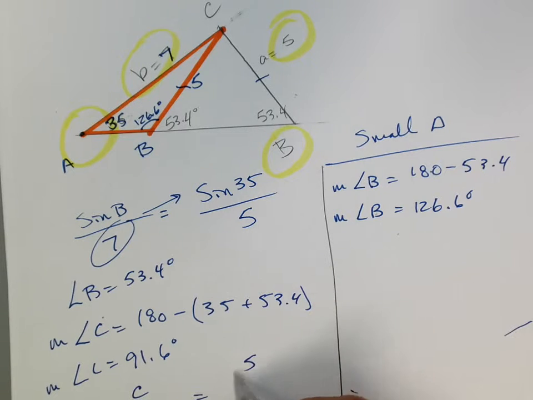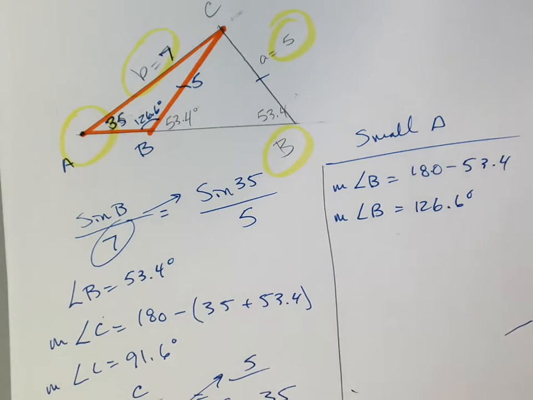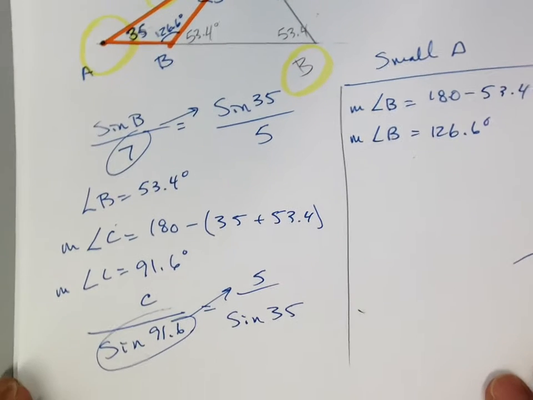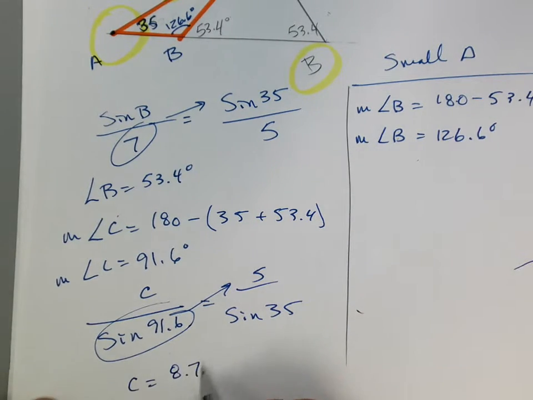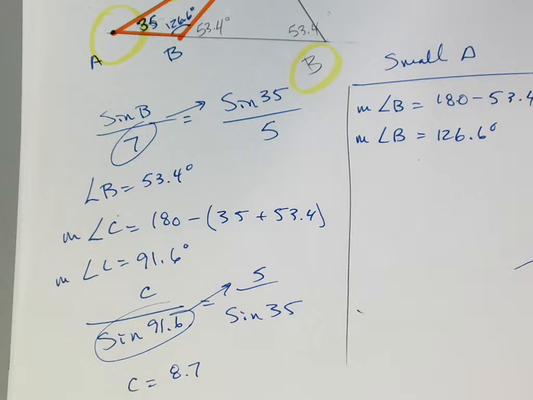Equals 5 over the sine of 35. Cross multiply. Wow, I forgot to do that, huh? 5 sine of 91.6 divided by sine of 35. Yeah, okay. How about 8.7? Okay. Thanks, Ashley. I'll go back to the other when you're done, okay?